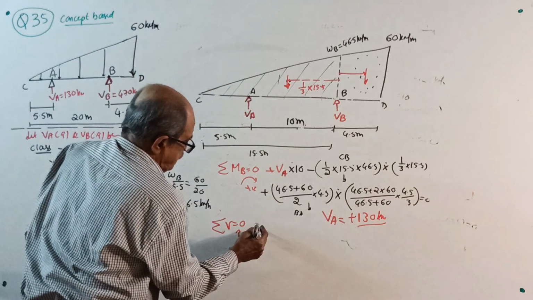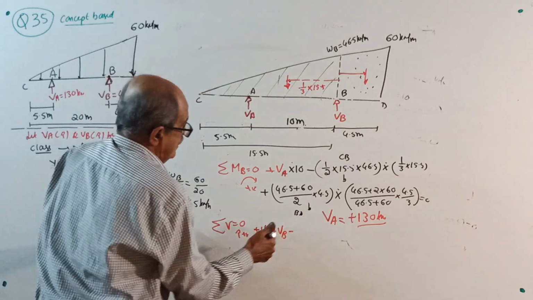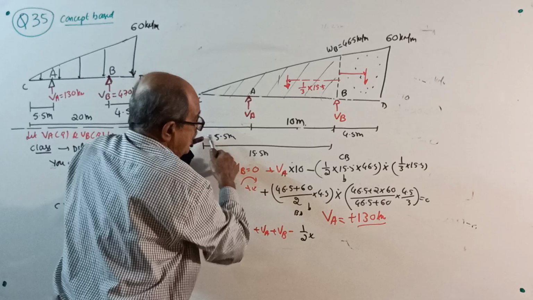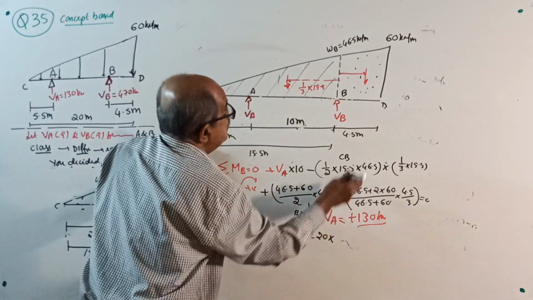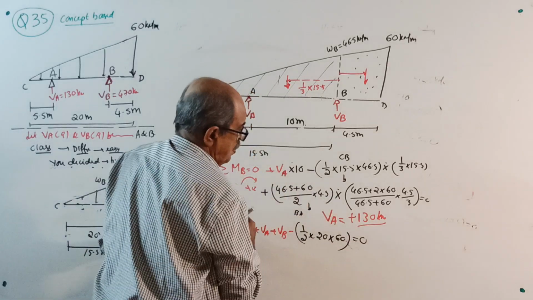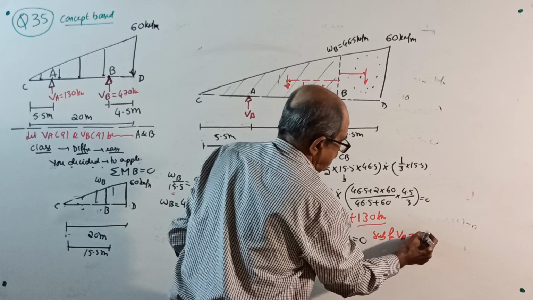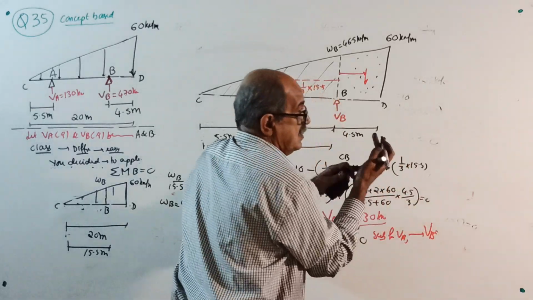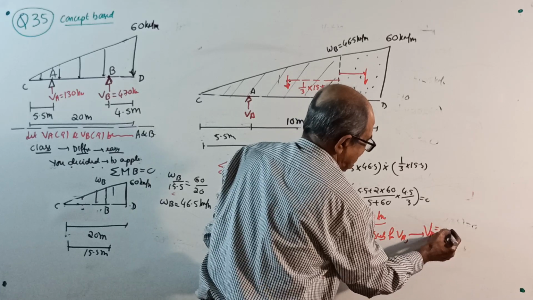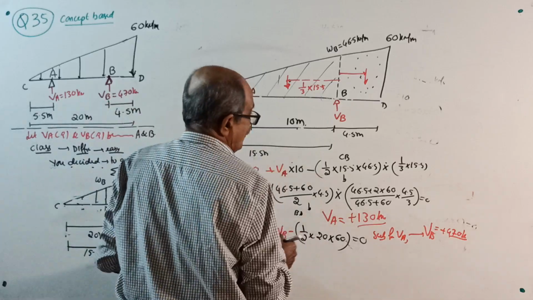So you can write plus VA plus VB minus the full load. Half into full is 20 into height is 60, equal to 0. Substitute for VA, whatever you got, you will get VB equal to plus 470 kilonewton. Okay, same answer, over.